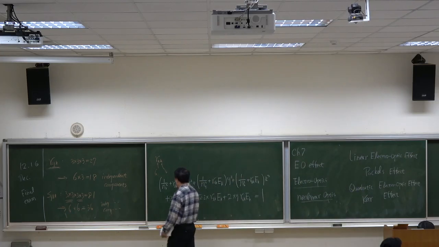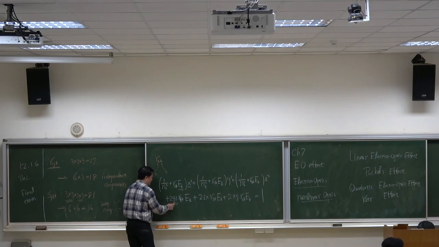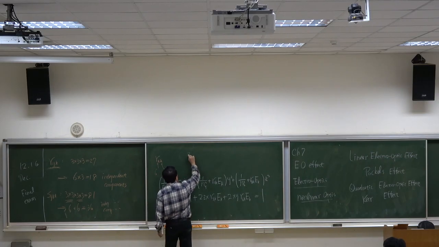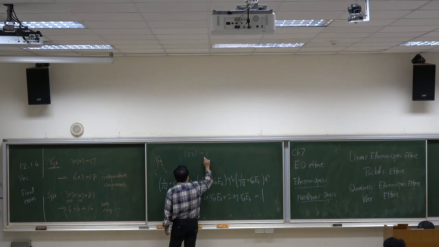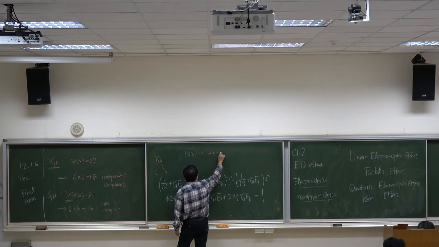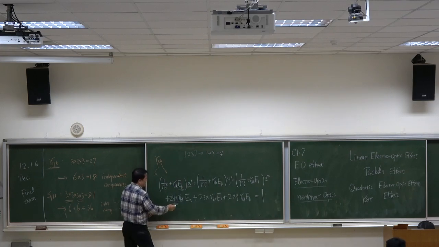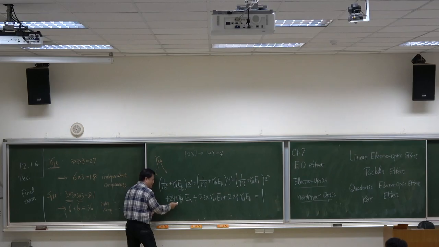And how about yz? We have two terms corresponding to yz, we have yz and zy, so here we have factor 2. And yz means 2, 3. We see 2, 3 goes to 1, and 1 plus 3 gives us 4. So here we have the index 4. 4 corresponds to yz and zy. And now Ek is summed over with R4k.